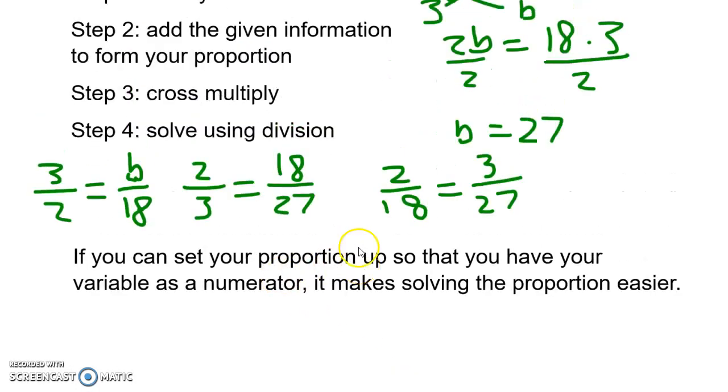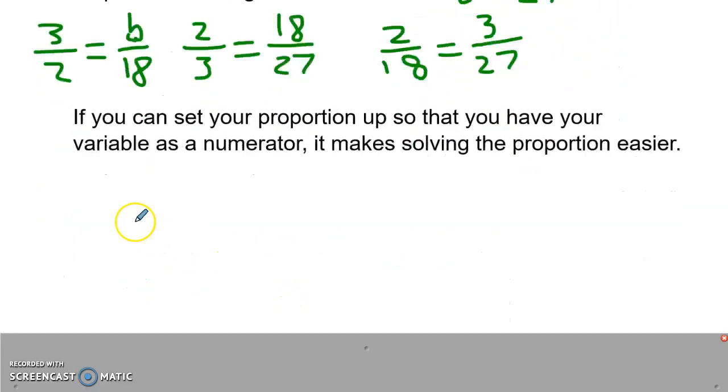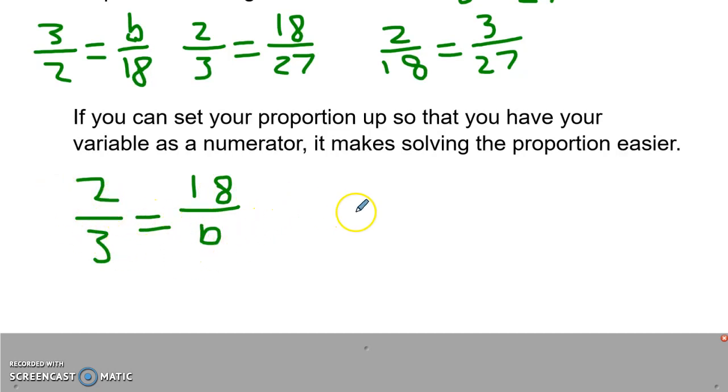So if we go back up to this problem, where I had 2 girls for every 3 boys, and that's 18 girls over boys, I had to cross multiply, and then I had to divide whatever was next to my variable.